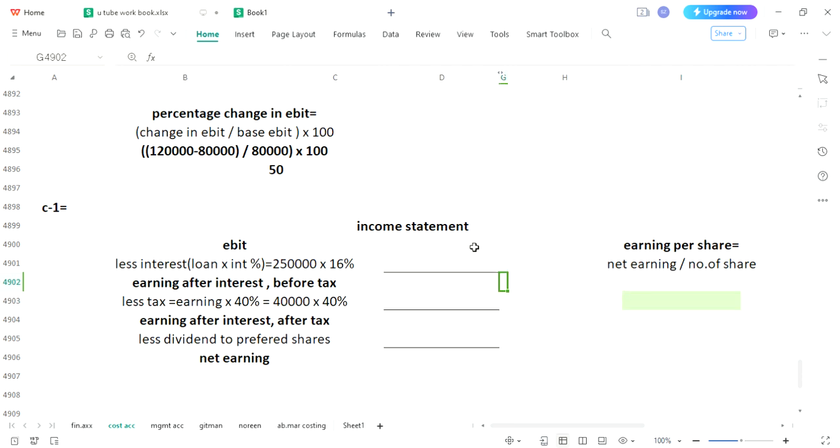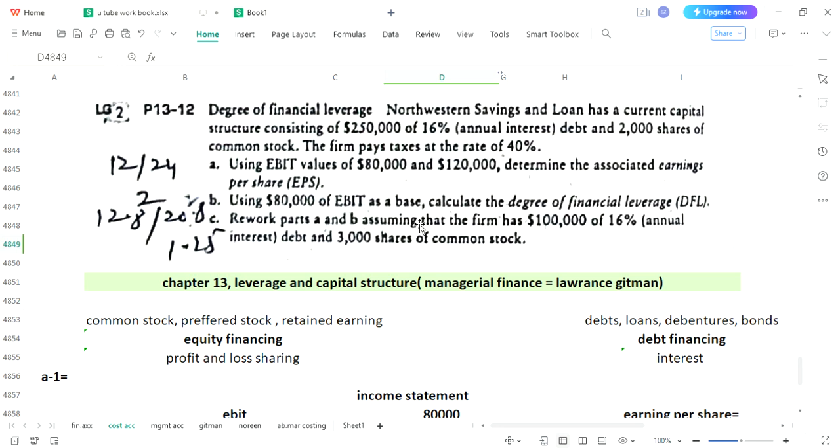And now EBIT, first EBIT, go back to the question and look over here. Using 80,000 and 120,000, only input has been changed. Instead of 250,000 we have loan of 1 lakh, and instead of 2000 we have 3000 number of shares.